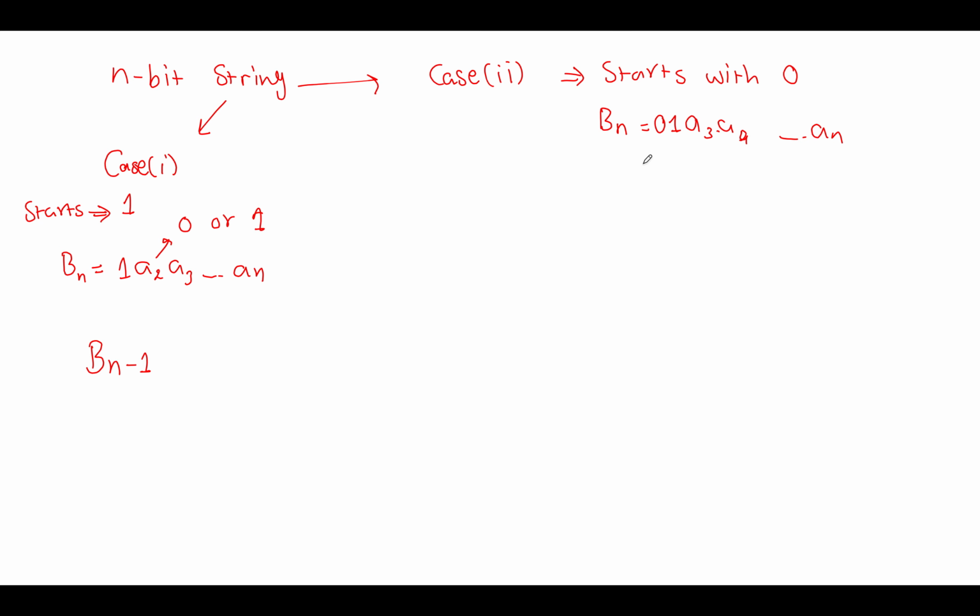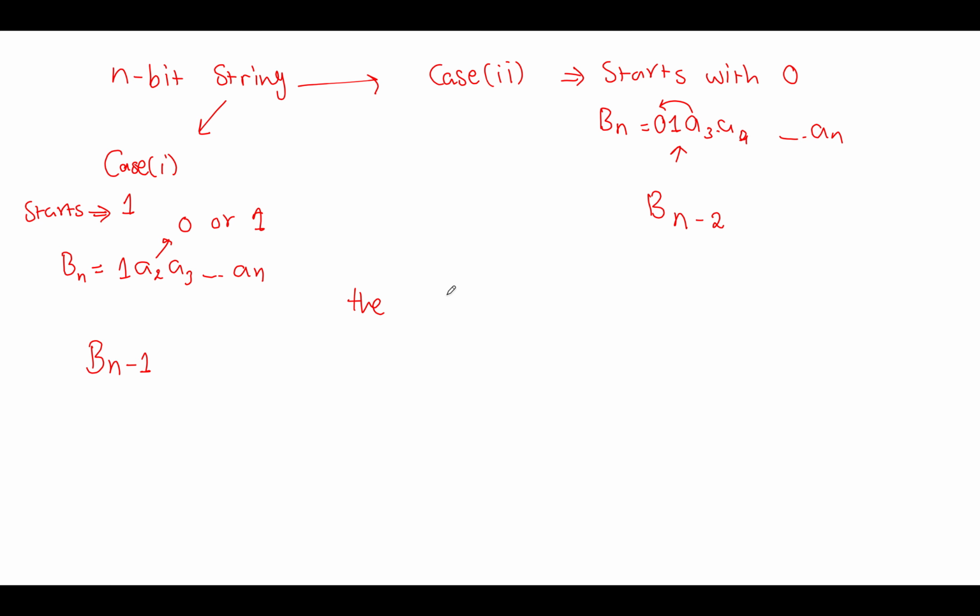If we go here, we can see that if it starts with 0, then here I don't have an option. It should be 1 because it does not contain the bit string with 0 0. Therefore we can see here that the term depends on the previous one. So a3 depends on here, which is Bn minus 2.